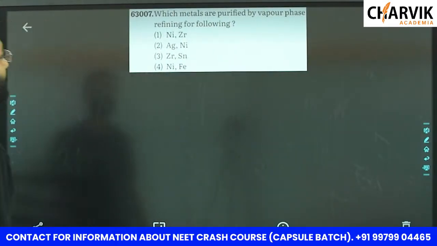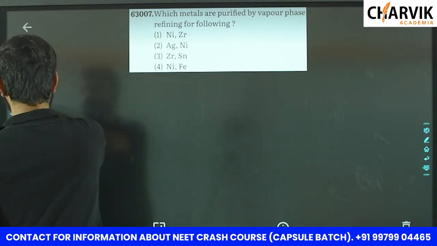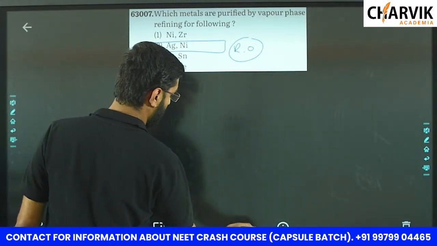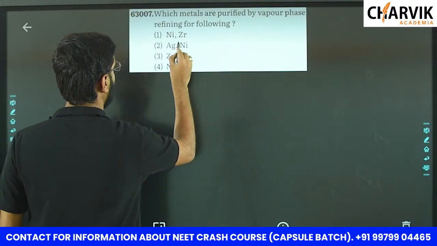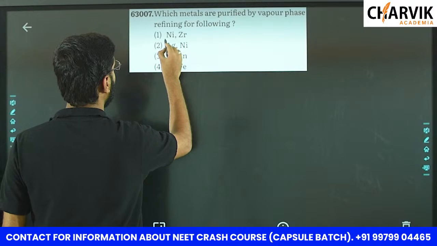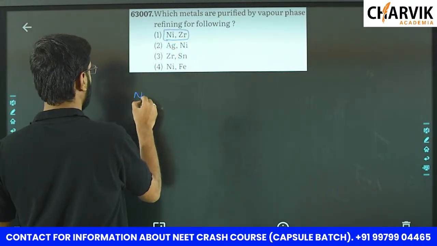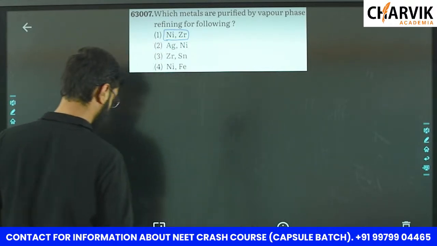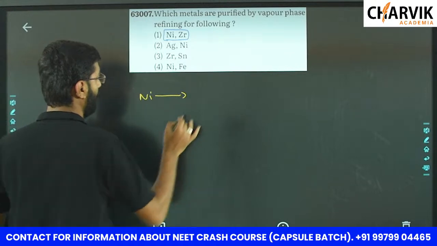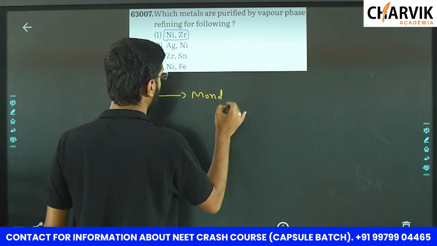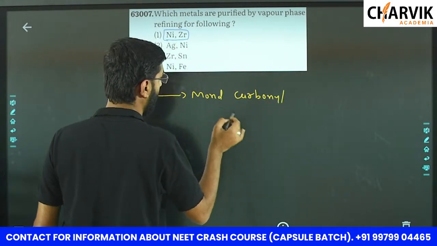Next, which metals are purified by vapor phase refining? Okay, vapor phase refining. So your answer should be nickel and zirconium. Why nickel? For purification of nickel, the Mond carbonyl process.